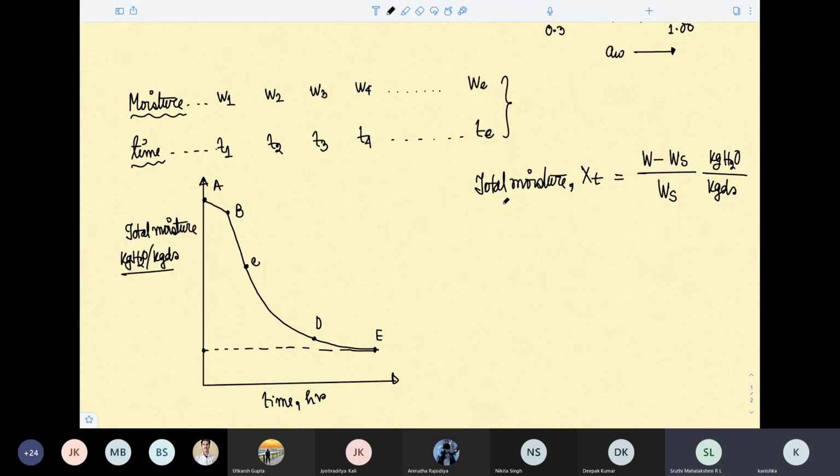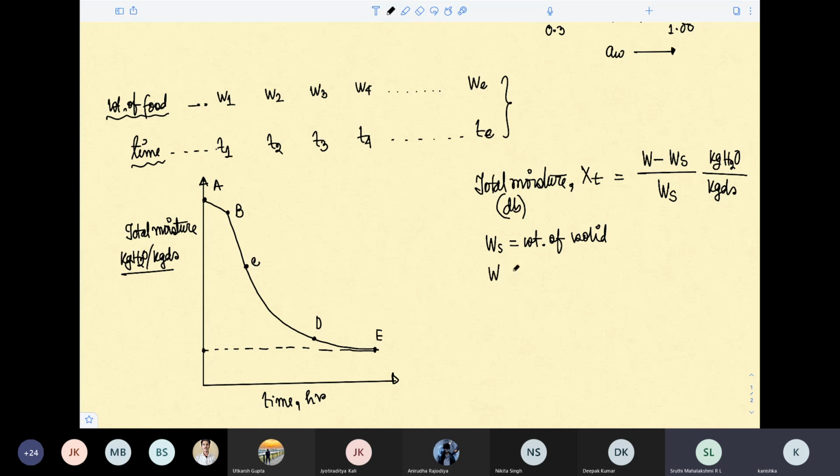So this is in dry basis. WS is the weight of solid. Rather, I would say W is not moisture; this is the weight of food. That is what we actually monitor.